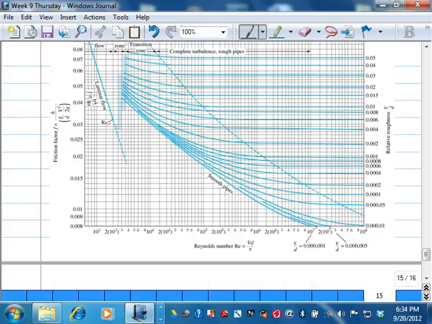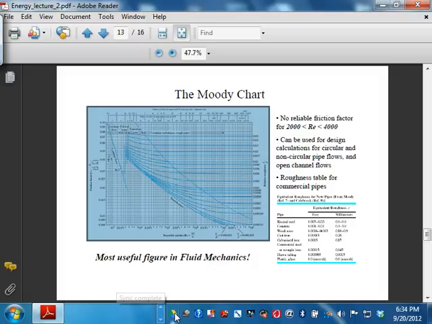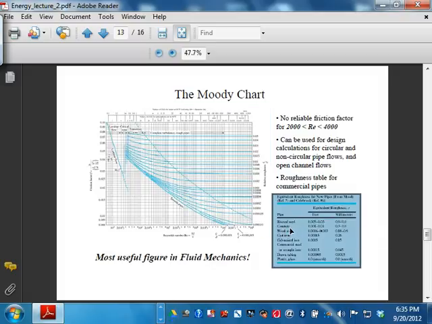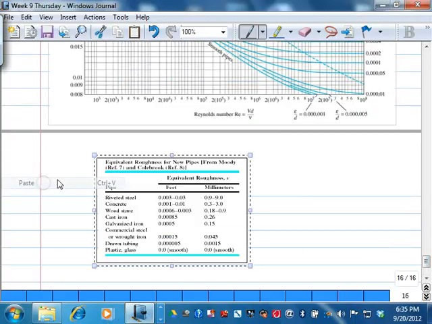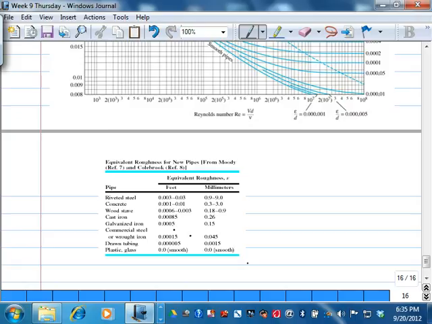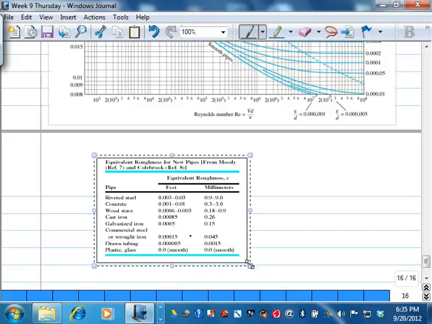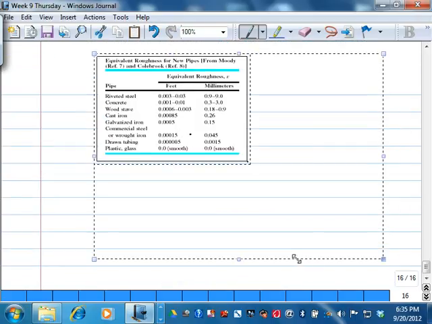Let me see whether the lecture notes have any numbers. Ah, here. These are some typical values for the roughness. You can also pull out the textbook.